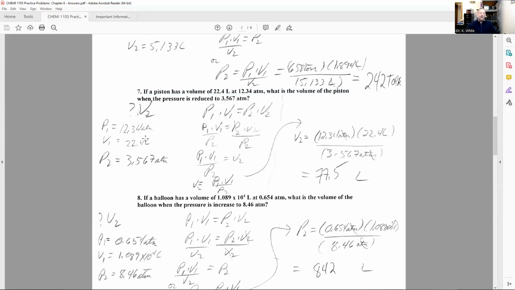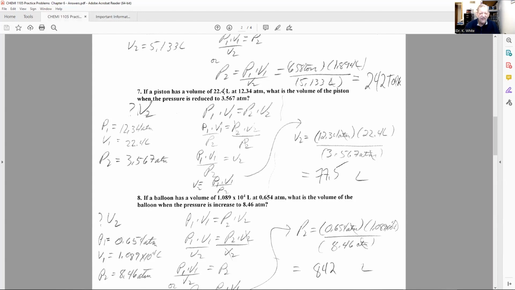And now we're trying to find the volume of the piston after you make a change, V2. What are you given? The initial volume, 22.4 liters, P1. The initial, oh, wait, I got that wrong.